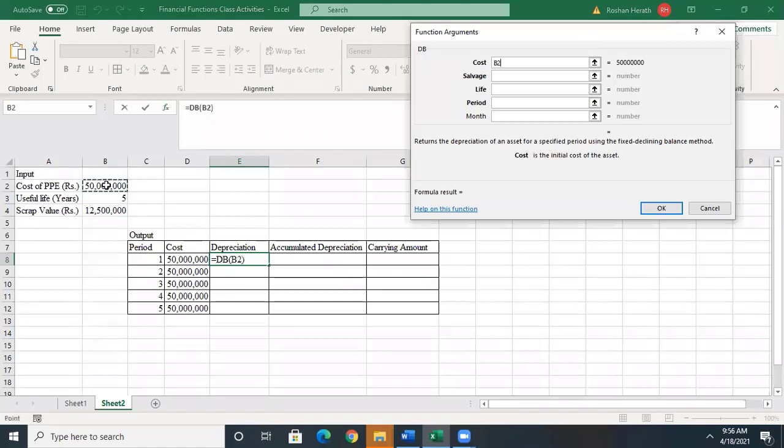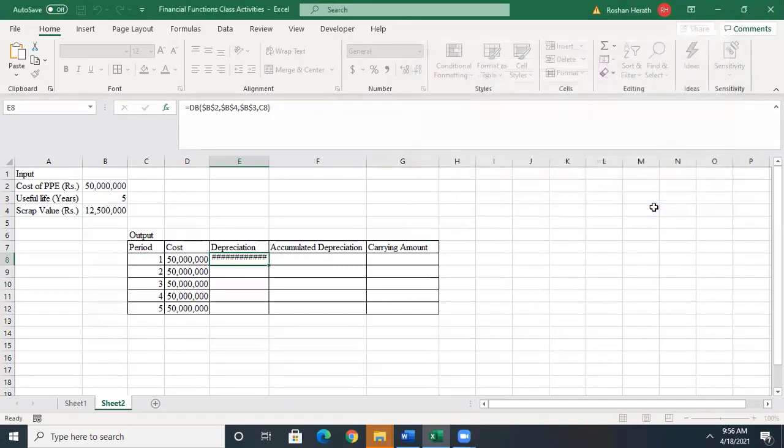It is going to be the cost, make it fixed. Then the salvage value, so it's going to be the scrap value. In other words, scrap, the lifetime of the project, that is 5 years, and the period in which you are, period 1. So keep it relative because you want to drag them down. Now we can say okay.